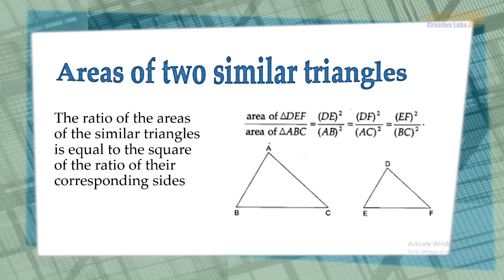Either we can write square separately for numerator and denominator, or we can write it in a whole bracket and then square. No need to take all the sides in each case. We can write any one of the sides, and if we square it, then we will get the ratio of their areas.